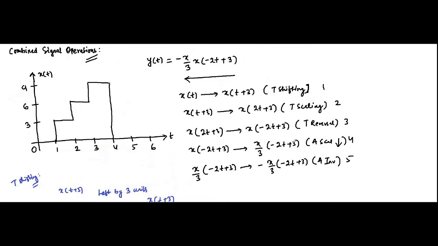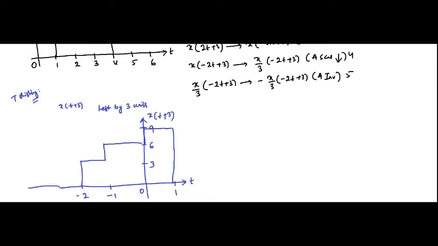Next we have time scaling, x(2t+3). Here 2 is getting multiplied with t in the expression, so the same will get divided in the time axis.